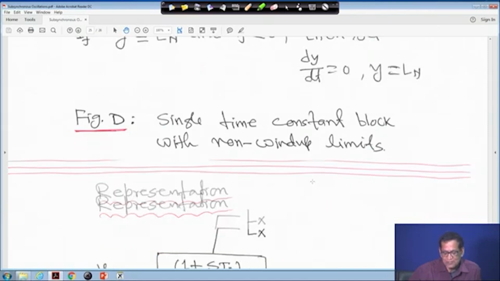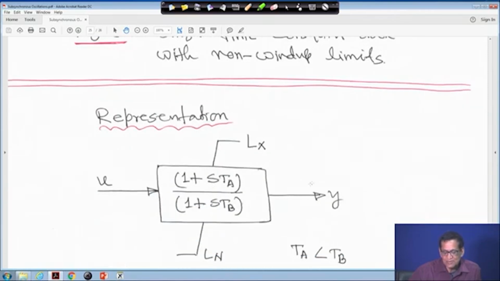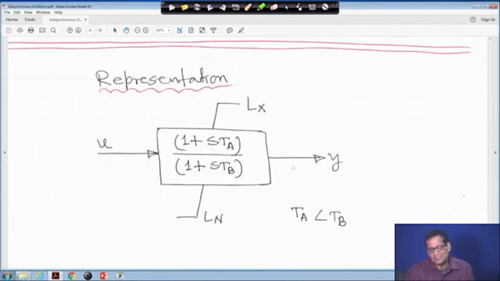Now, next is the lead-lag. You have studied the lead-lag power system stabilizer, but there we did not consider these limits, because we wanted to avoid those things for classroom purposes. So, I will just show the representation. This is (1 plus sTA) divided by (1 plus sTB).